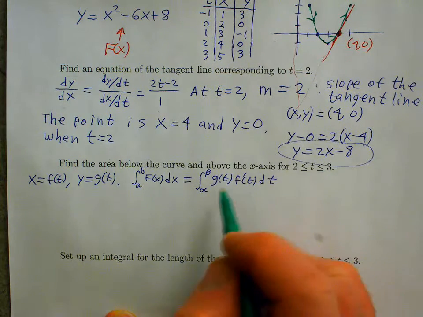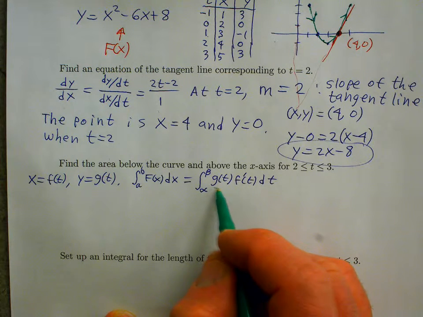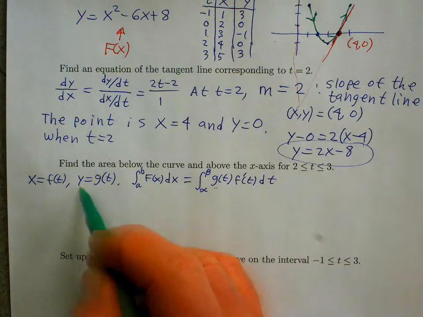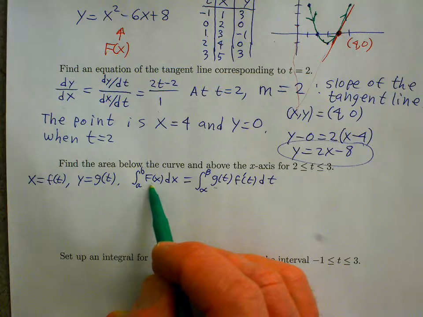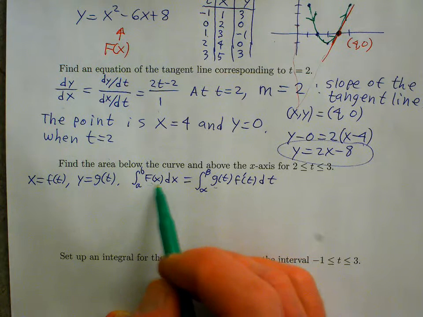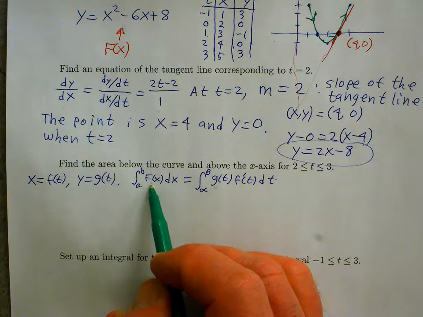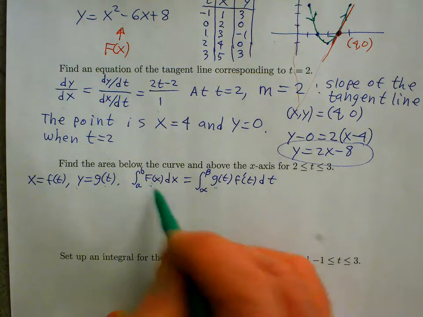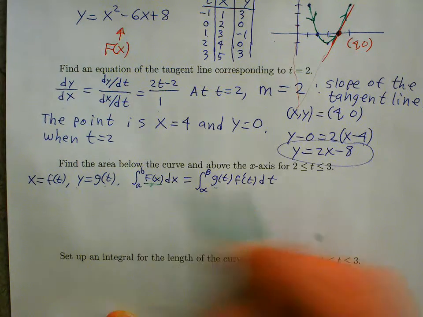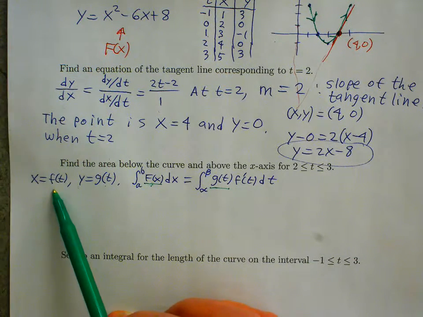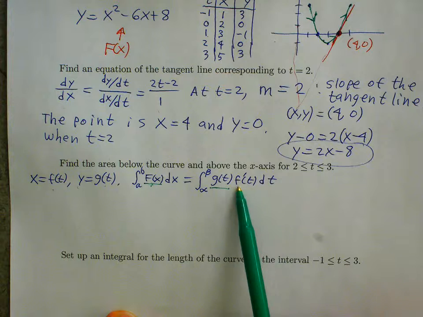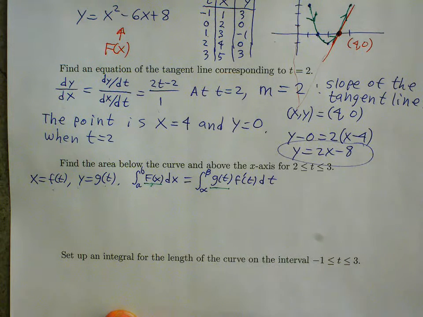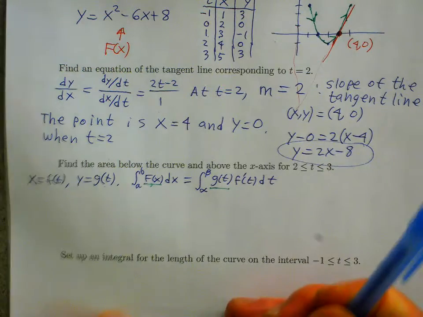Okay, so the idea for this original function, y equals capital F of x. But parametrically, y is equal to g of t. So F of x corresponds to g of t. And since x is f of t, dx is f prime of t dt. So anyway, this is our formula for finding the area.